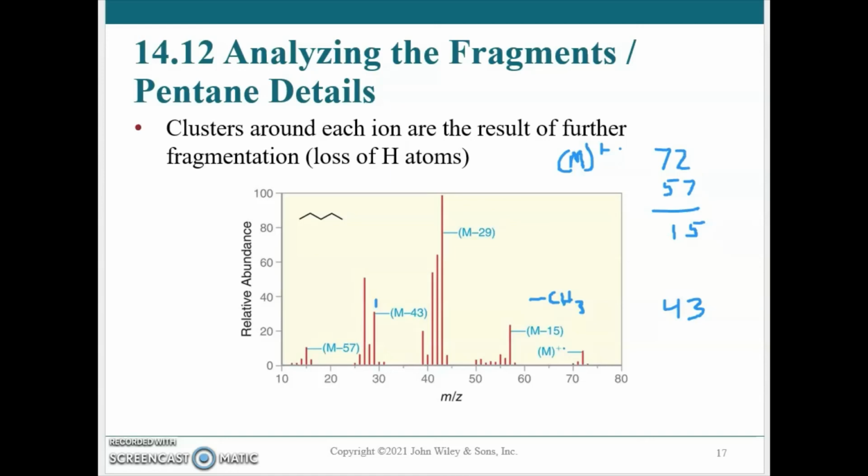M minus 29. Oh, sorry, I jumped ahead. I recognize what I did. 57 is here, and that's loss of the methyl.